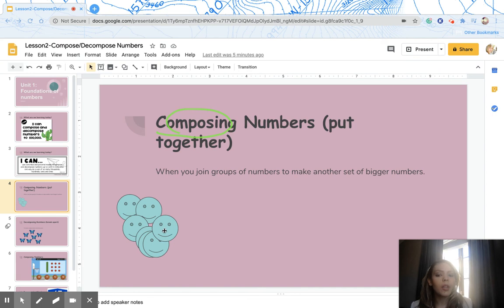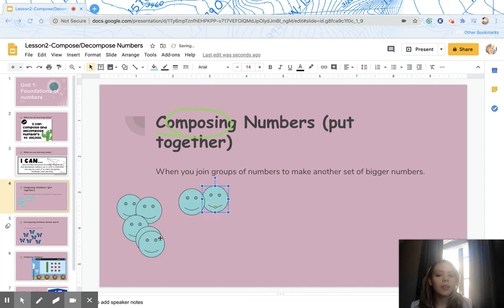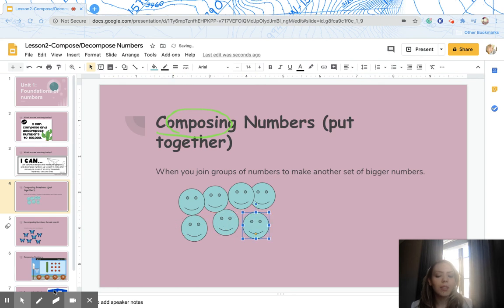I'm going to put 1, 2, 3, 4, 5, 6, 7 smiley faces together, and these give me a group of 7 smiley faces.